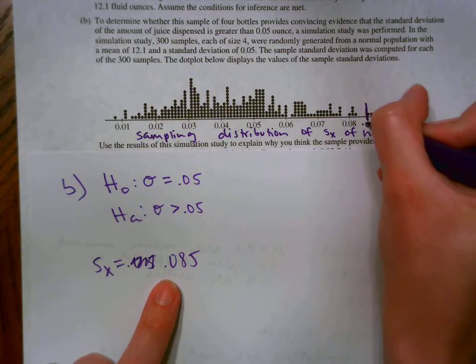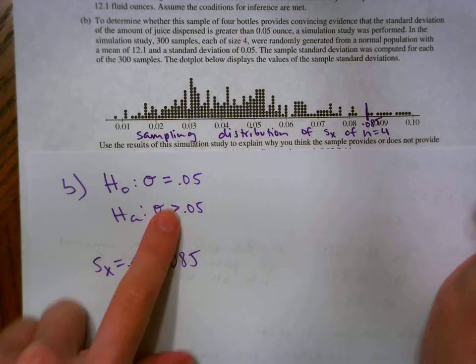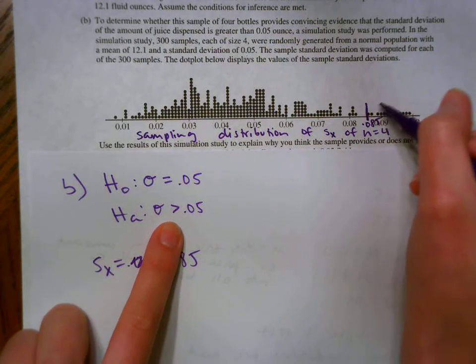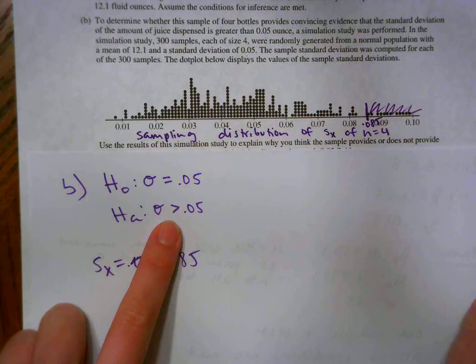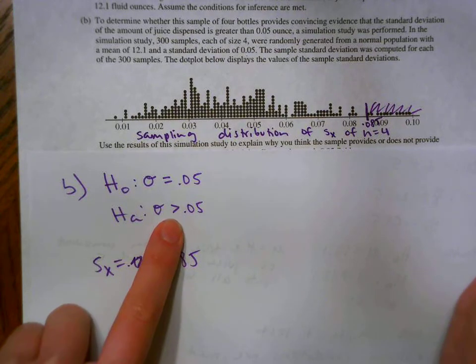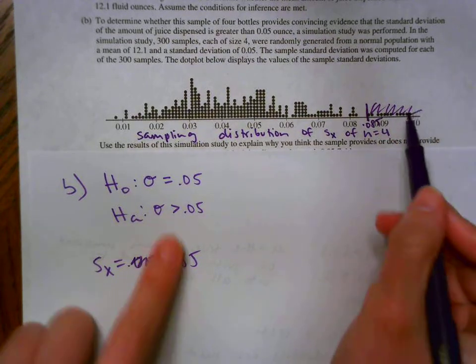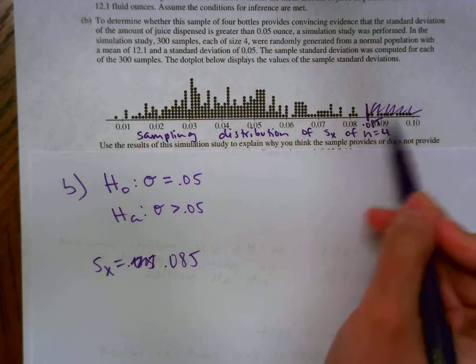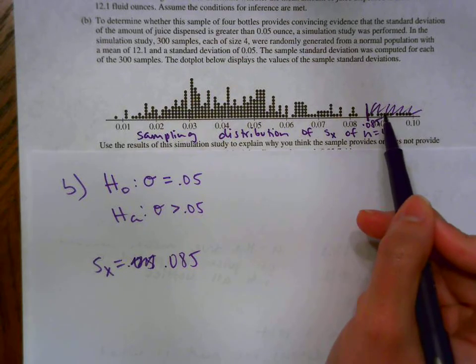That is where our sample result falls. And what's the probability of being greater? If you were going to do a p-value, you would shade to the right. So we can kind of emulate the probability of being greater than 0.085.